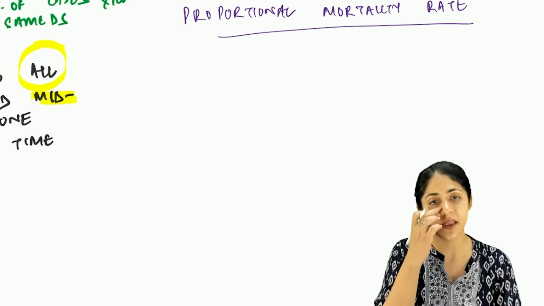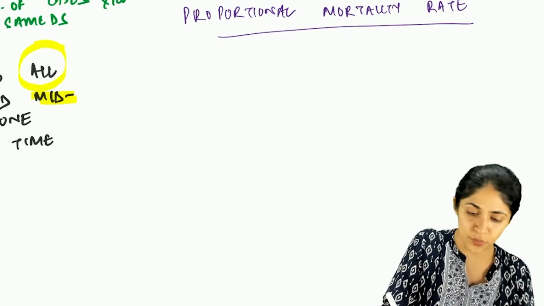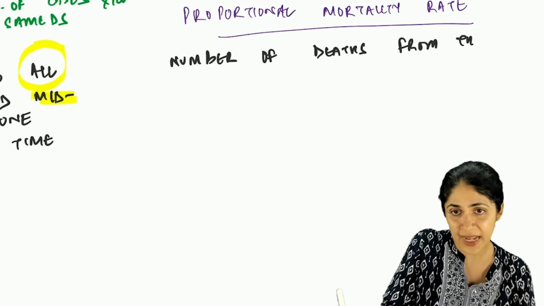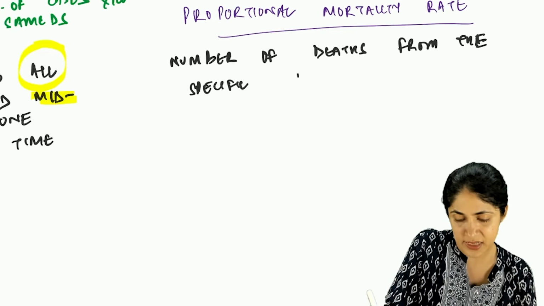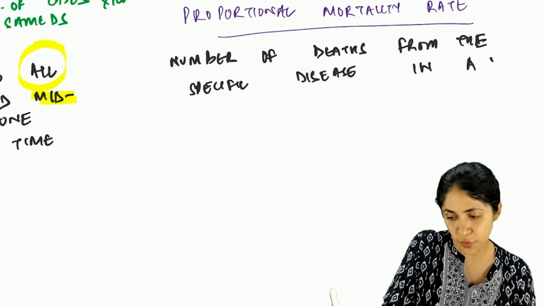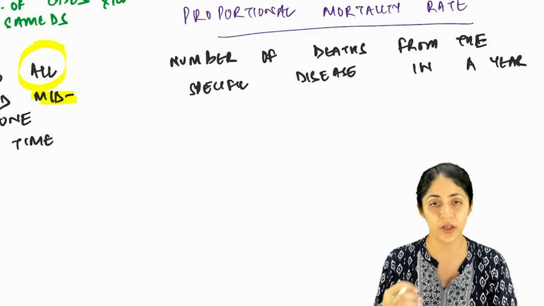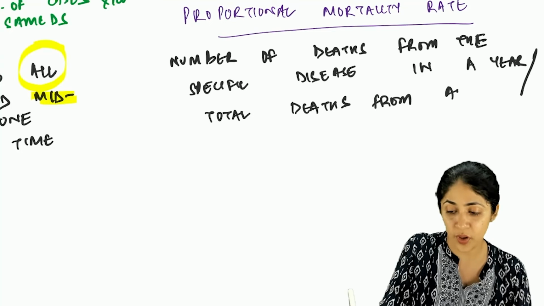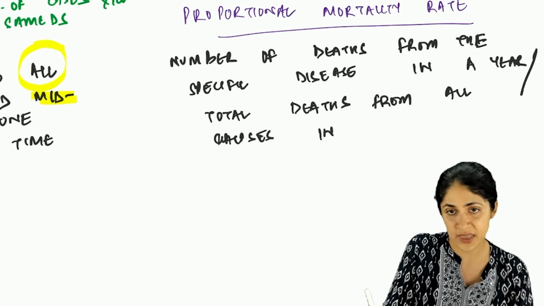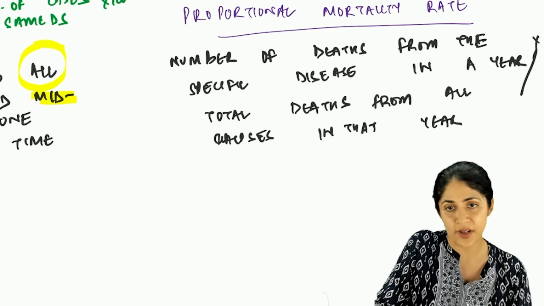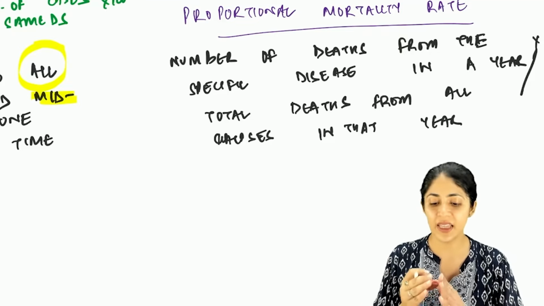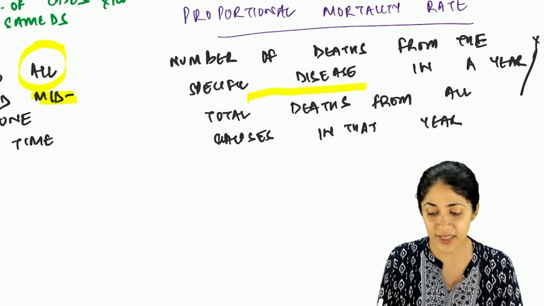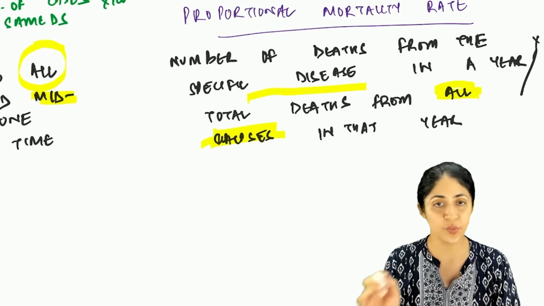Proportional mortality rate is basically the number of deaths from the specific disease in a year, divided by the total deaths from all causes in that year, into 100, which they have not asked. Although the numerator says the deaths due to the specific disease, the denominator says the deaths due to all causes in that year, which they have not asked in the question.